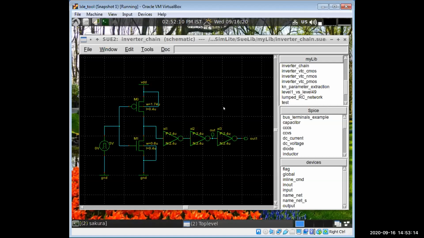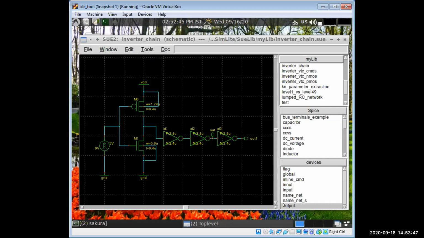So the output of this inverter is dependent on the inverters connected here. Because of these inverters and their drives, we have to see how this output will vary. We have to see how this inverter behaves with inverters connected to its input and inverters connected to its output.